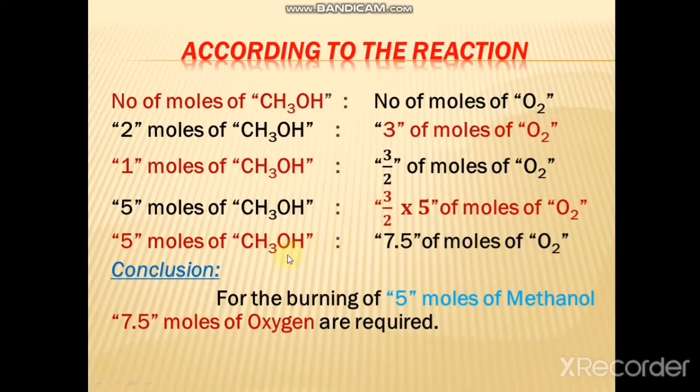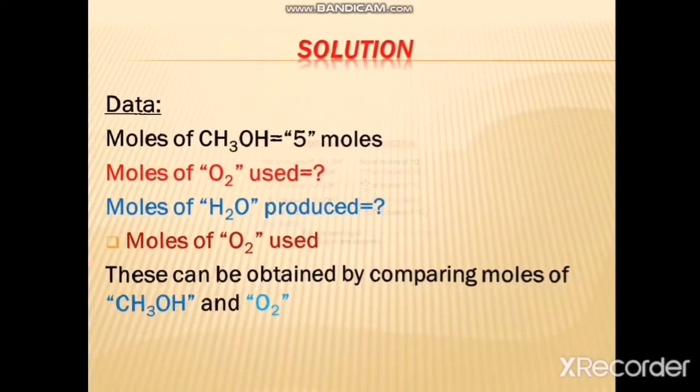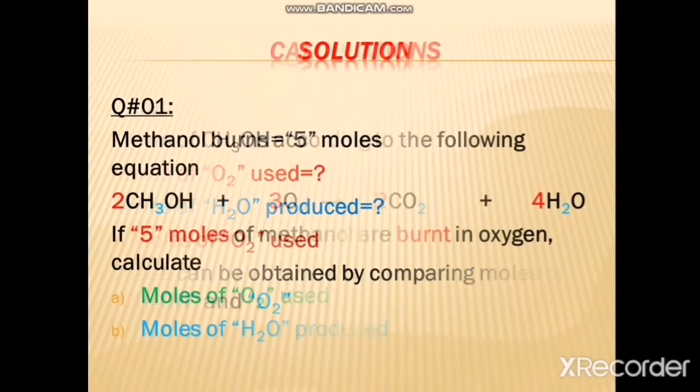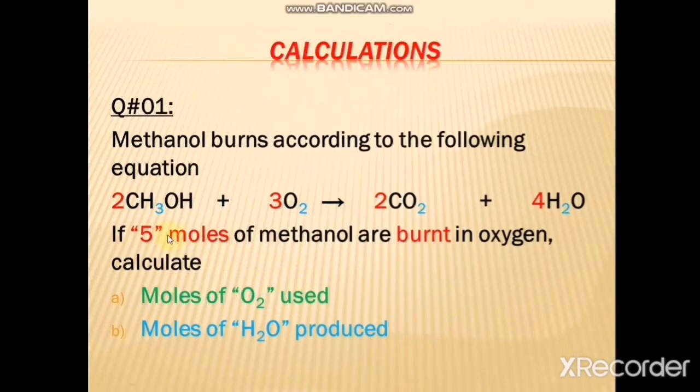So the final result is, for the burning of 5 moles of methanol, 7.5 moles of oxygen are required according to the balanced chemical equation. Dear students, the second one is number of moles of water being produced. Again look at the equation.